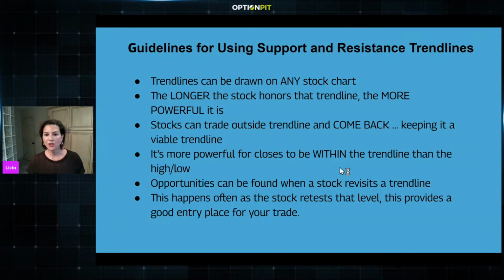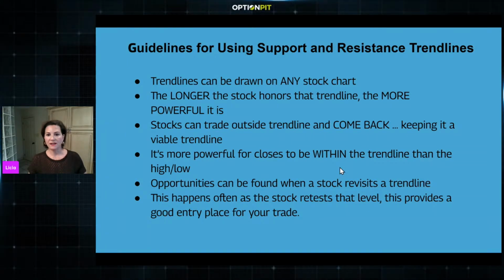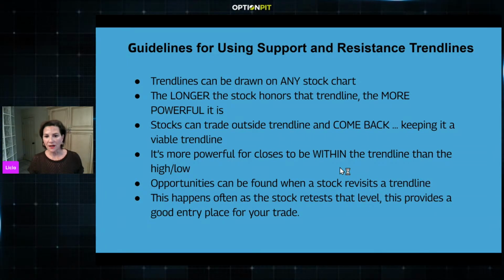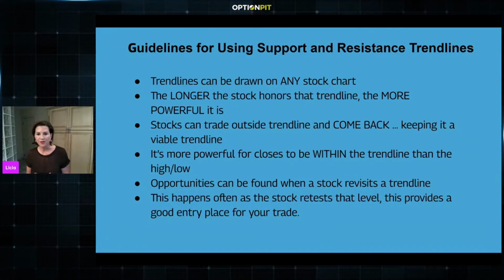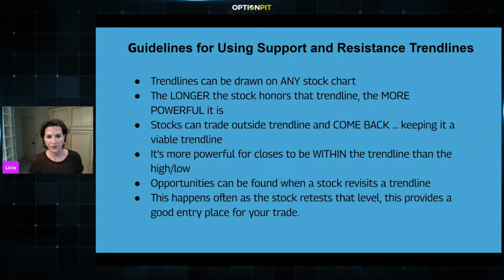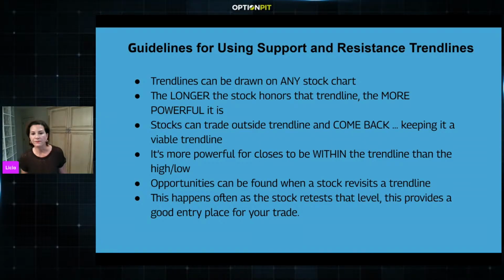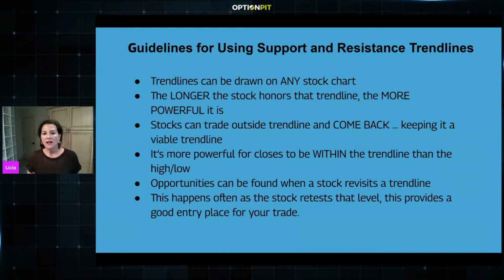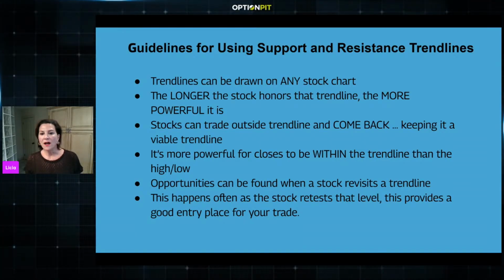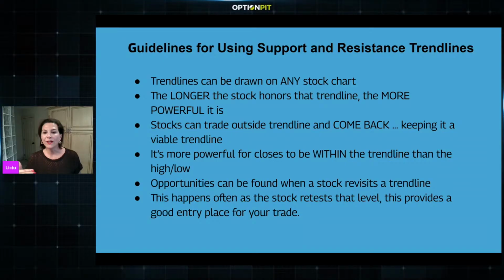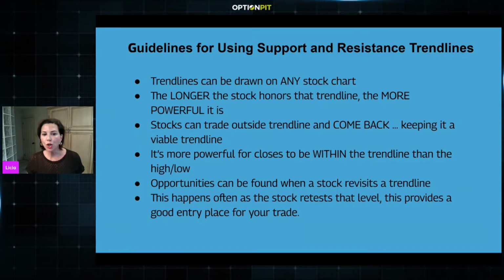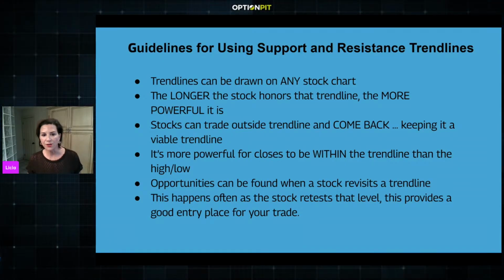Also, when you are watching your stock intraday, I use daily because for option trading, I like to use my daily for looking for trade setups. When you're looking for whether the stock is honoring that level, the close is more powerful than intraday.